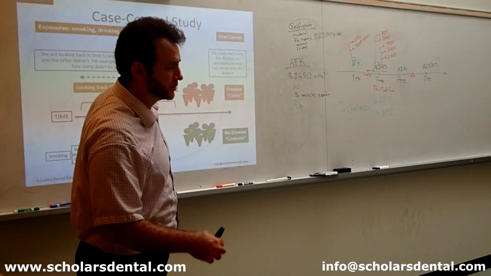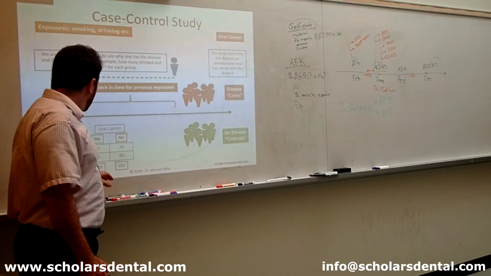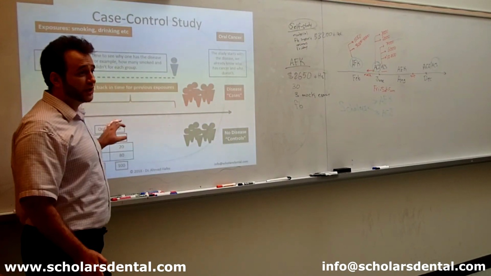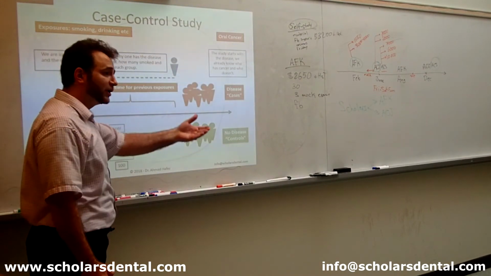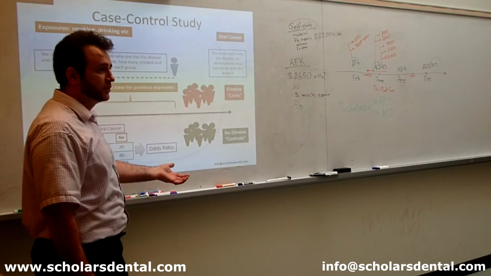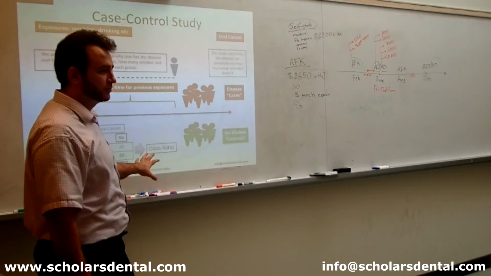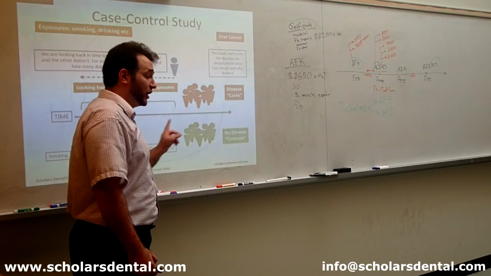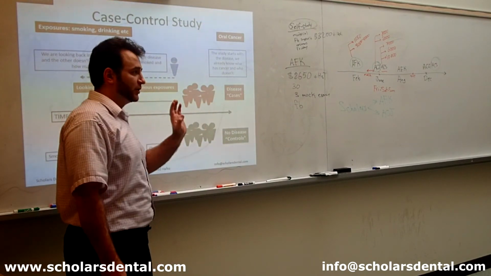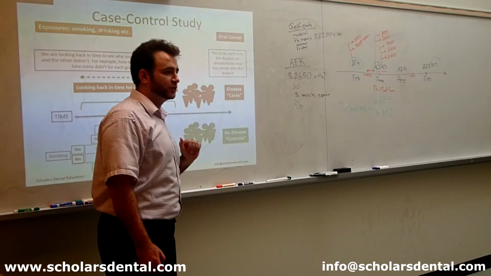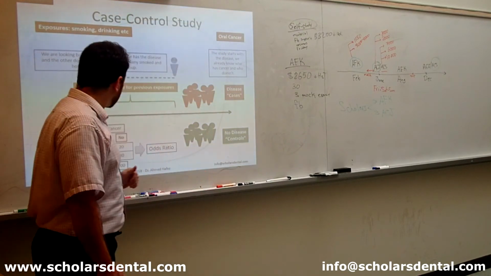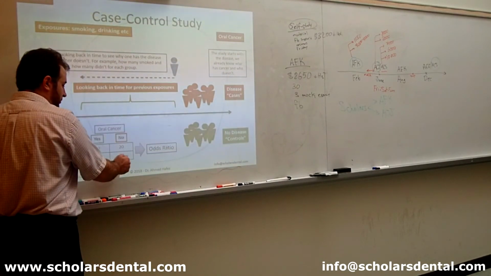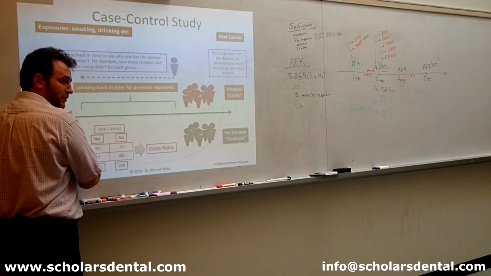Numbers, right? From these numbers, there's an equation that you could do that gives you something called the odds ratio. I'm going to show you how it happens once, and then you can forget about it. Just remember that it gives you odds ratio. It's pretty much this times this divided by this times this.